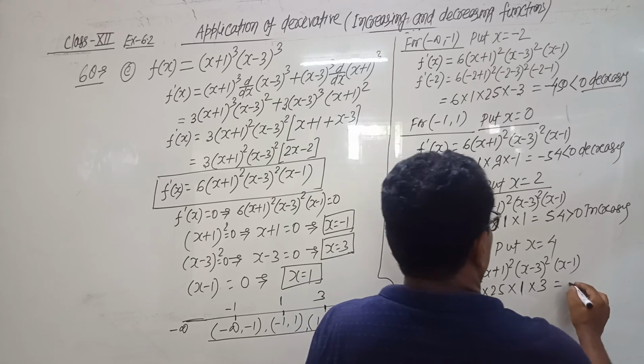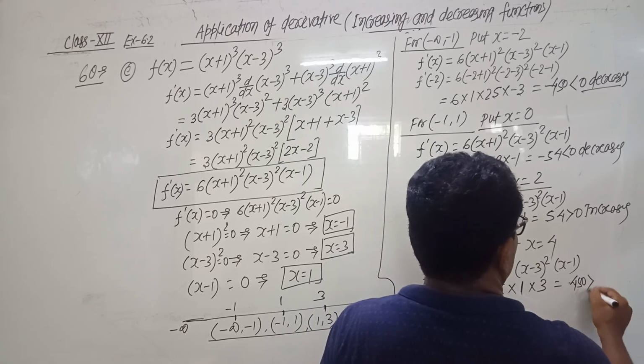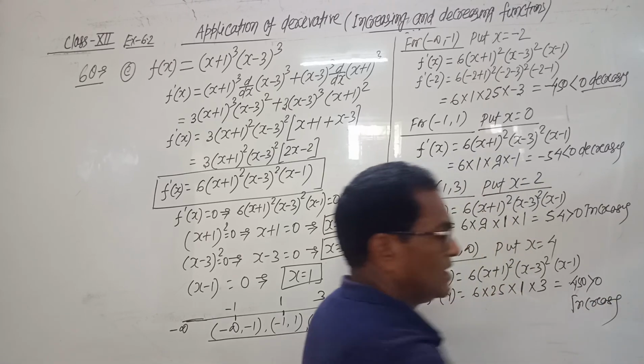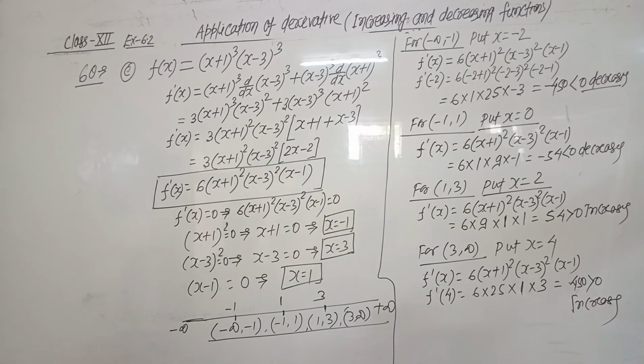So 150 times 3 is 450, which is greater than 0, and in this interval the function is again increasing.